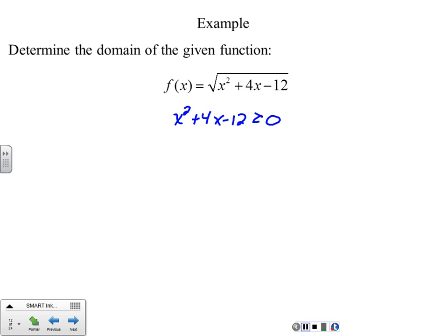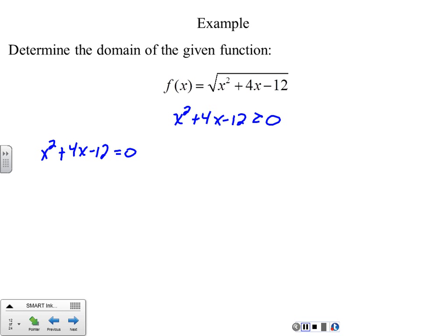So the first thing we're going to do is take care of the equal to 0 part. Okay? So let's do our quadratic. x squared plus 4x minus 12 equal to 0. Let's take care of that part first. You understand where I'm getting the either or? Greater than or equal to? Okay. So now, let's see if this will factor.